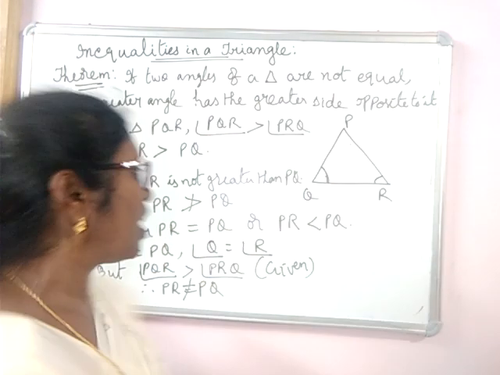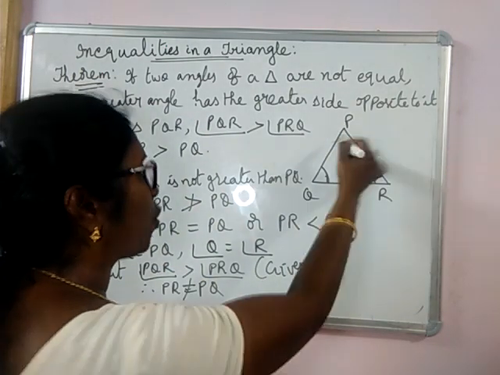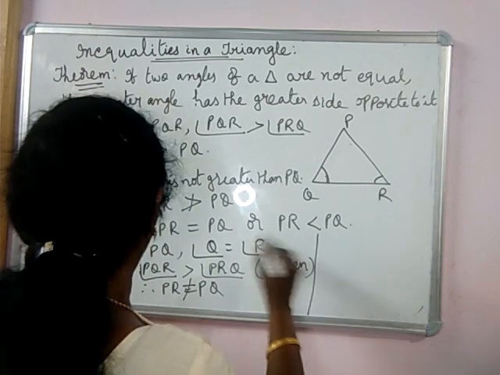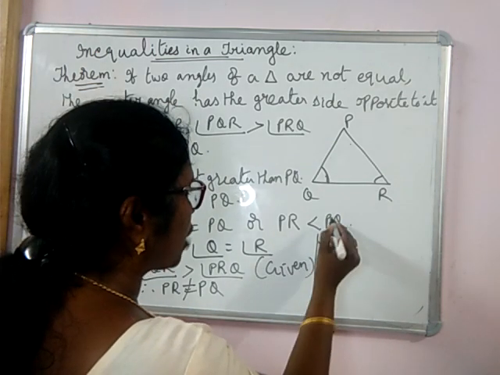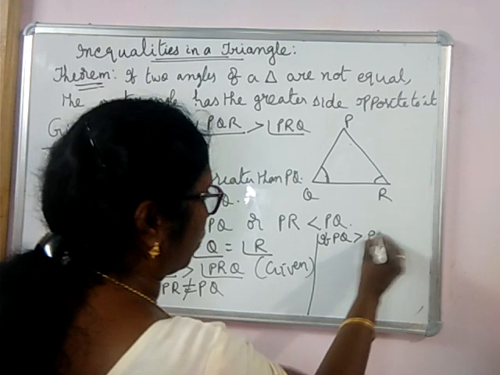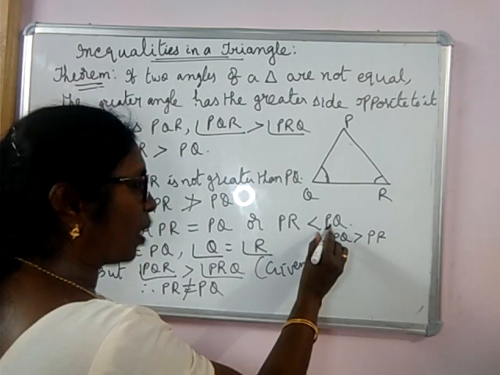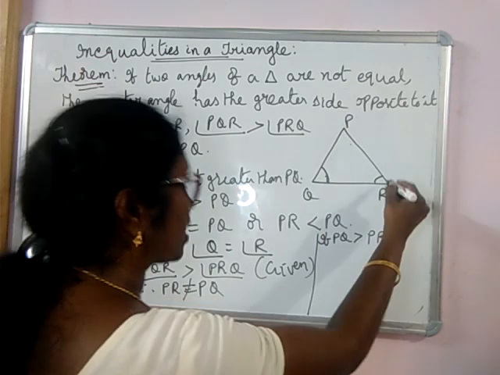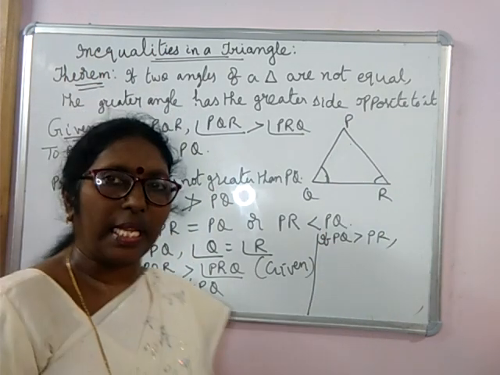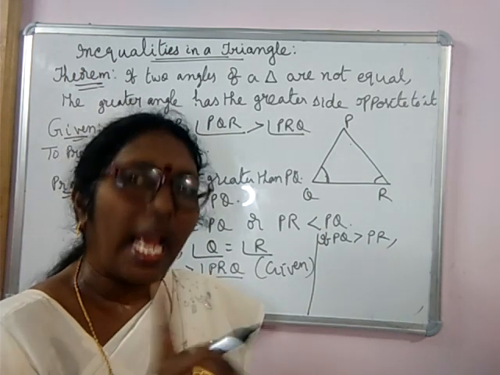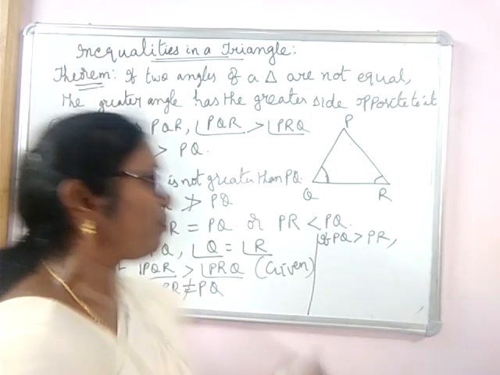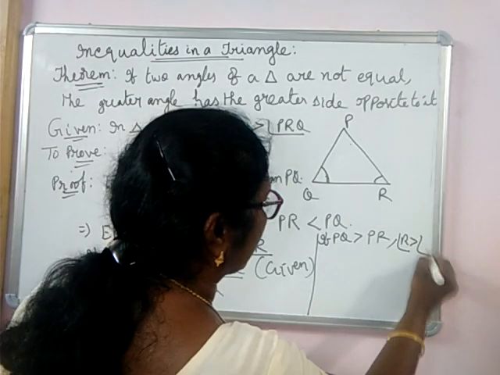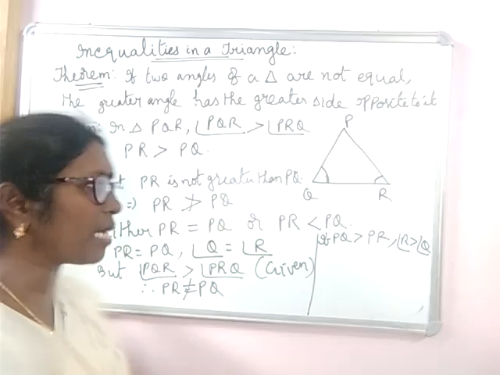Now let us see, if PR is smaller than PQ, what happens? PR is smaller than PQ means PQ is greater than PR. Any problem? If PQ is greater than PR, you have learned that the greater side has the greater angle opposite to it. If PQ is greater, then angle R is greater than angle Q. Yes or no?